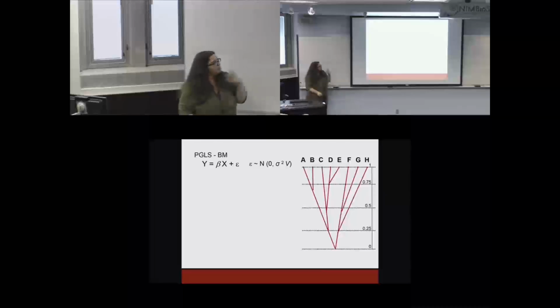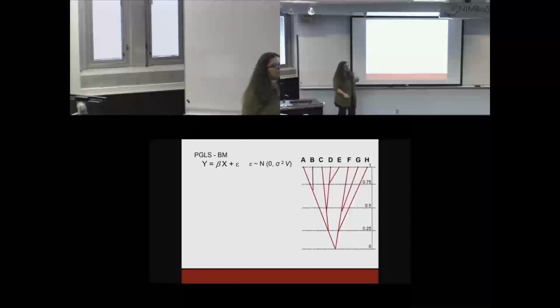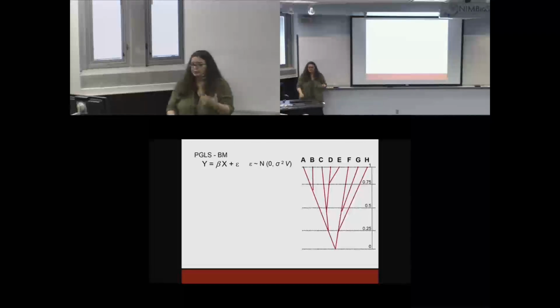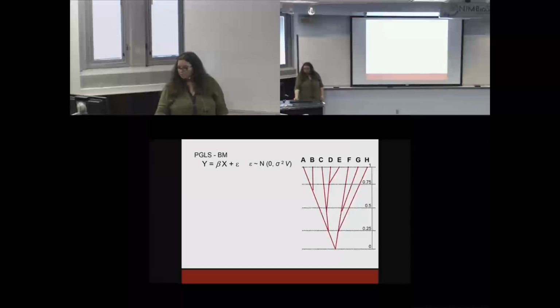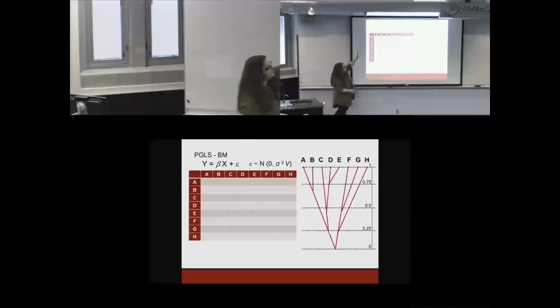Okay. So in that V matrix, what we need are, it's not the phylogeny itself, but it's how much we expect the trait to change given that phylogeny and how evolution happens along that phylogeny. Okay. So again, we have a matrix. This is the V matrix, species going down the side and across the top.